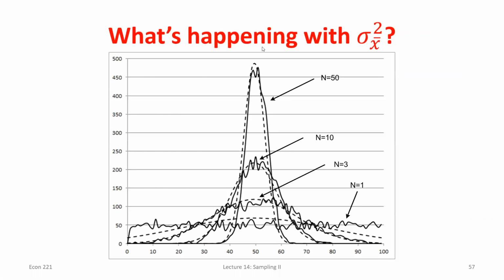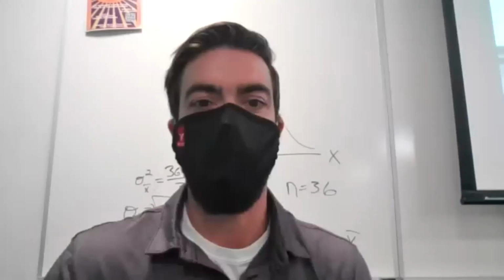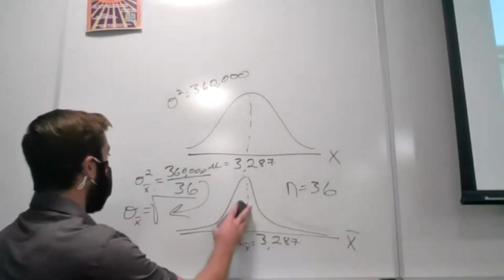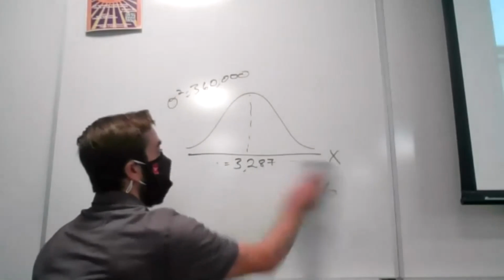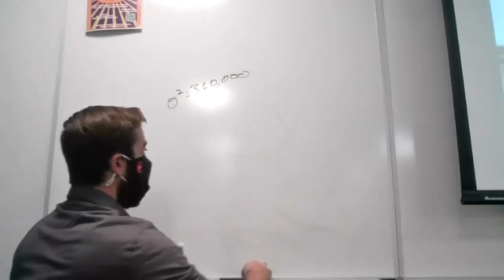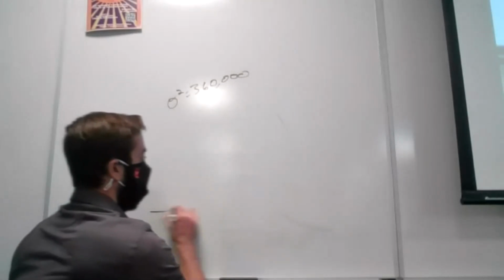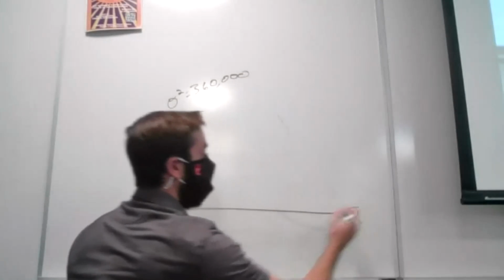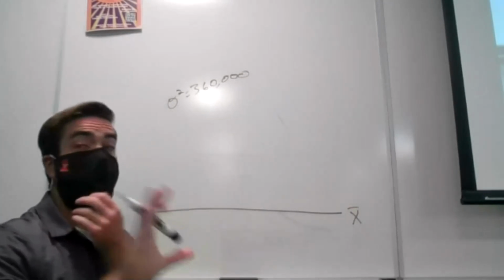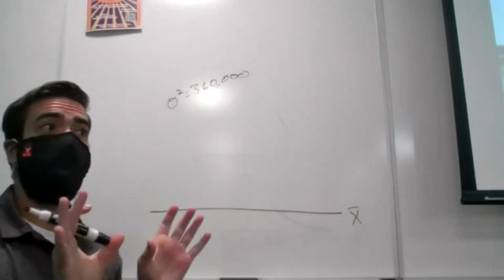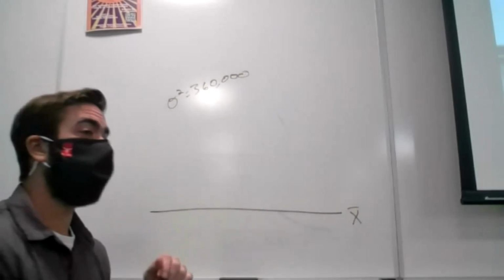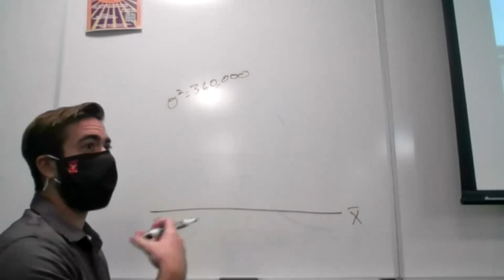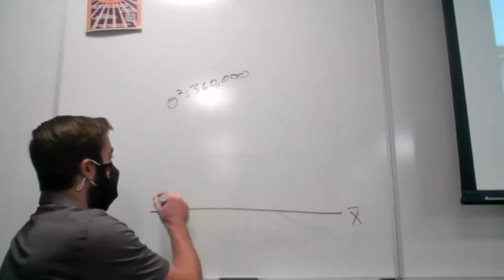Let me see if I have it here. I'm going to draw this out because I like that one picture, but I think I can do a better job. So if I think about distributions of sample means, and for now I'm drawing them out normally distributed. That'll end up being the case when we talk about something later, but for now just think about these sample means always having this normal distribution.